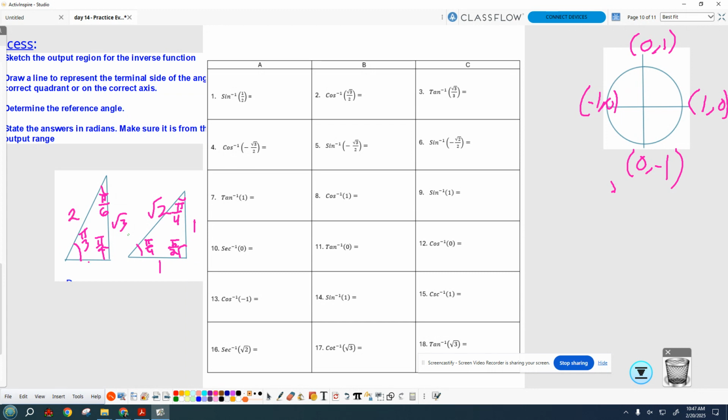Cosine value. Cosine, alphabetical order. Okay.